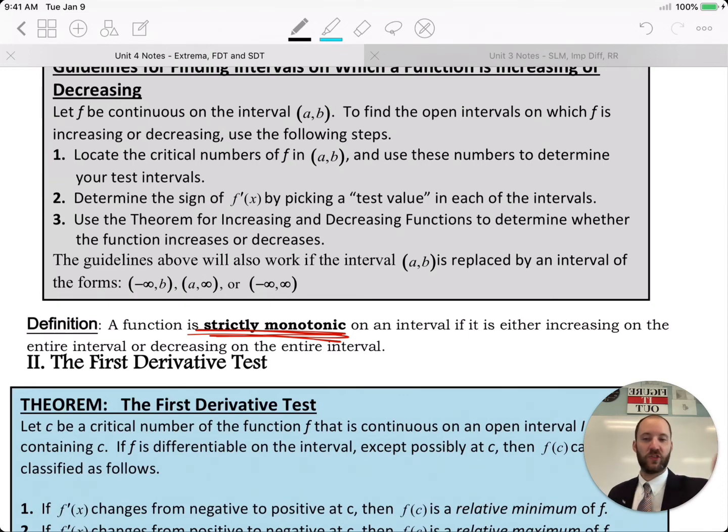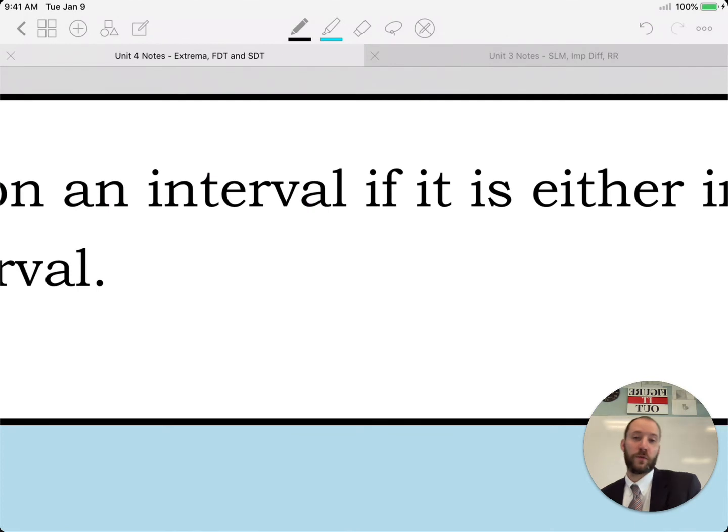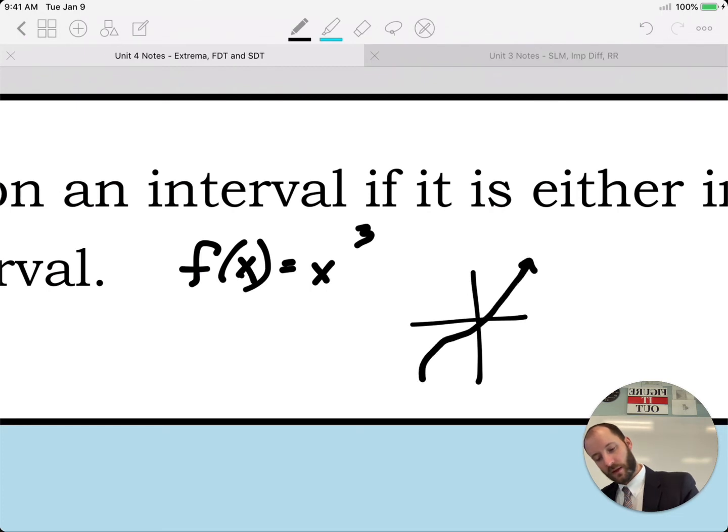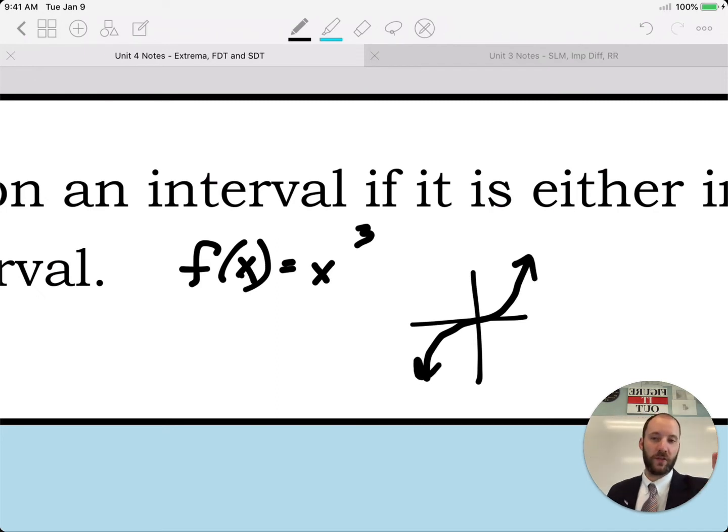So you're either increasing all the time or decreasing all the time. For example, f(x) equals x cubed. There is kind of that leveling off, but that leveling off at 0 you could include in the increasing interval.